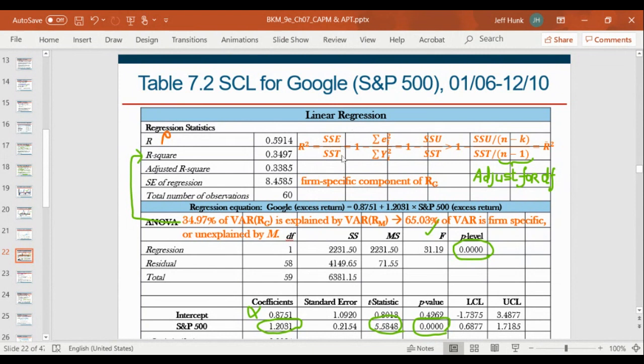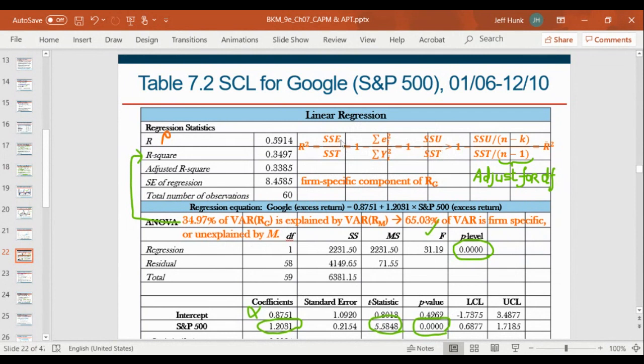Well, if it has n minus 1 here and n minus 1 here, anyway, they will cancel out, right? And another way to represent it is 1 minus unexplained sum of squares over total sum of squares, right?